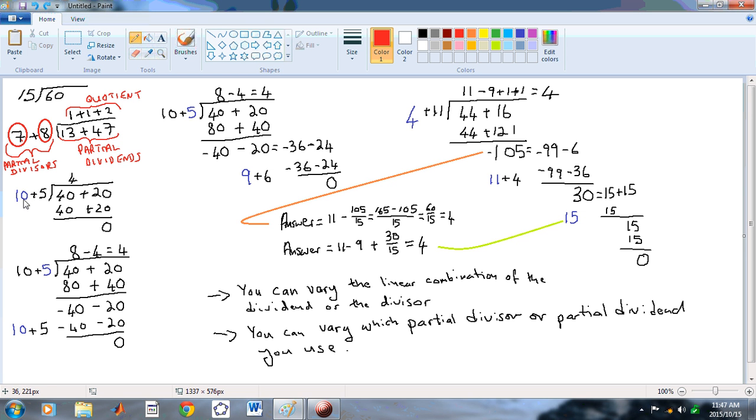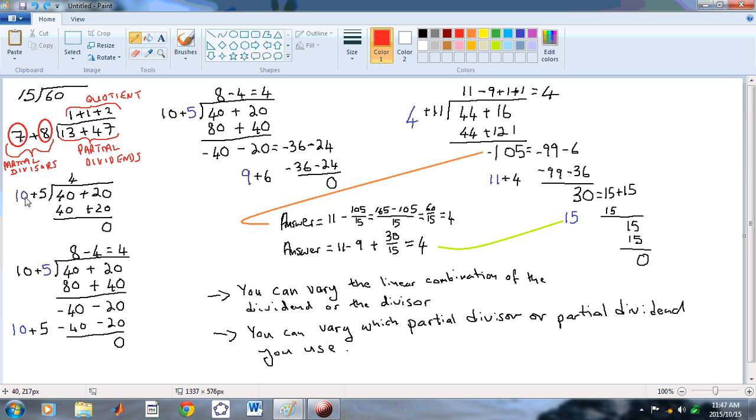So now what I'm going to do here is I'm going to use 10 plus 5 and 40 plus 20. 40 plus 20 is 60, and 10 plus 5 is 15, right? So I'm still doing this particular division here.